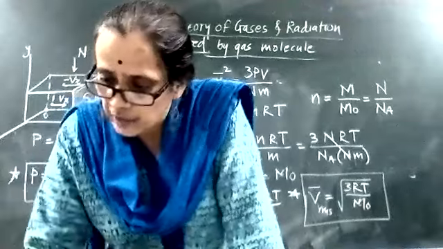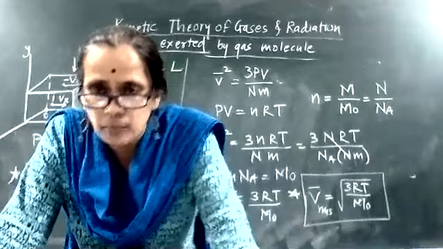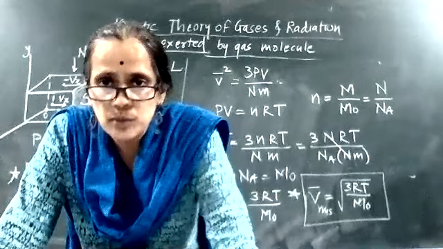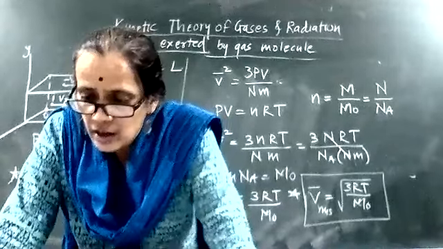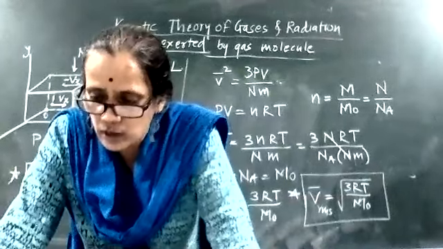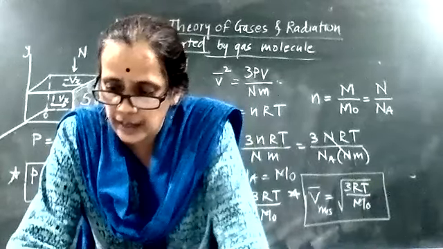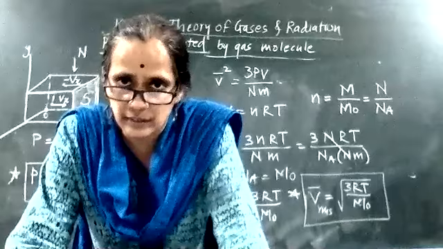Clear? Now whatever the bracketed quantity is, that is the average of the square of the x component. So the average of the square of the x component, Vx square bar, is given in equation number 3.9. I can write down equation number 3.9.